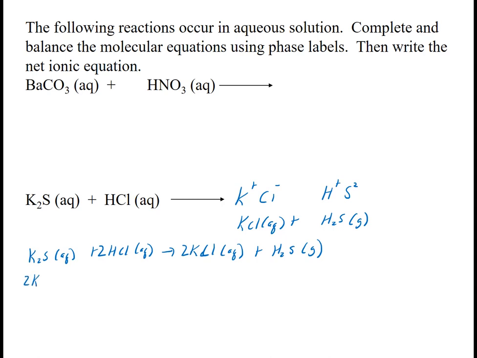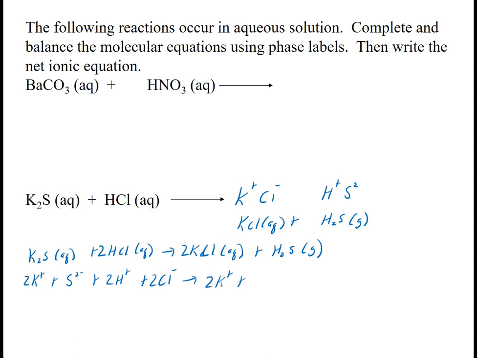2 K pluses, plus 1 times the 1 is just S2 minus. 2 times 1 is 2 H pluses. 2 times 1 is 2 Cl minuses. Goes to form 2 times 1 is 2 potassiums.